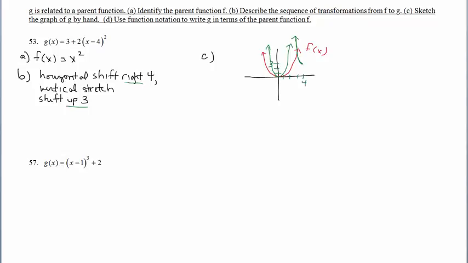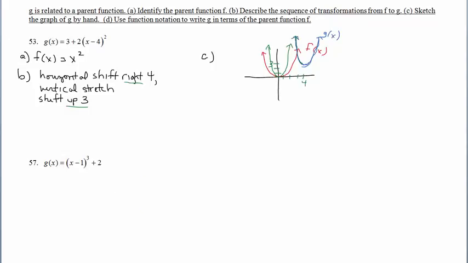That was supposed to be in blue. There we go. Ooh, I got it a little bit too wide. All right, but that's the end result. So we could call this g of x right here.